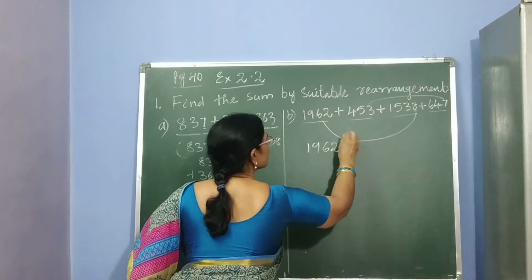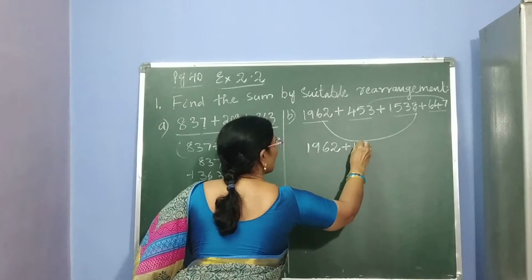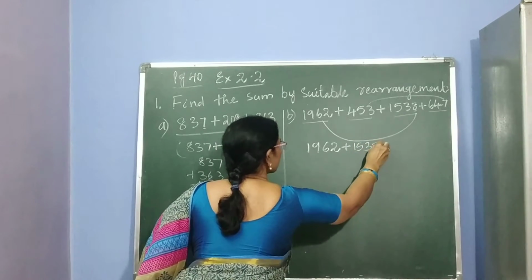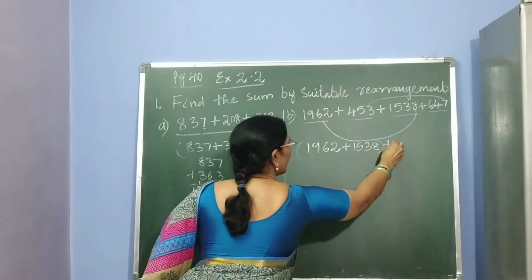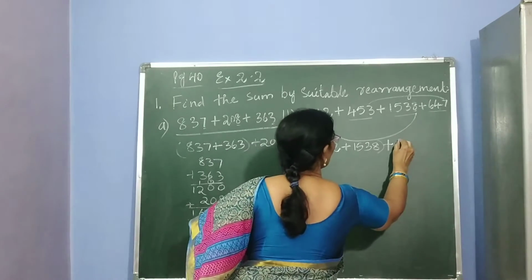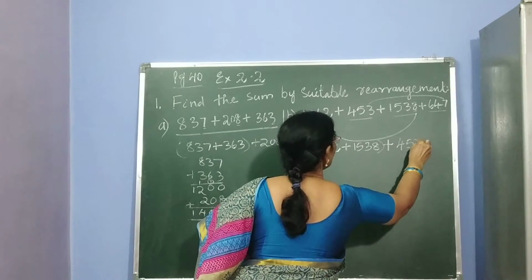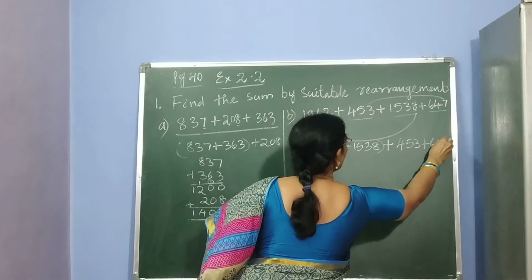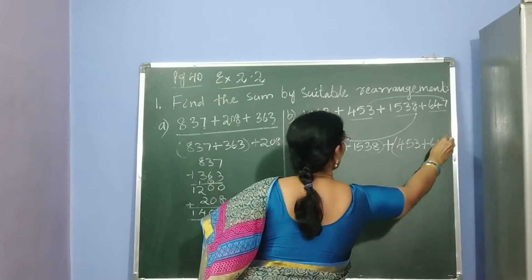1962 plus 1538 in one group, and 453 plus 647 in another group.